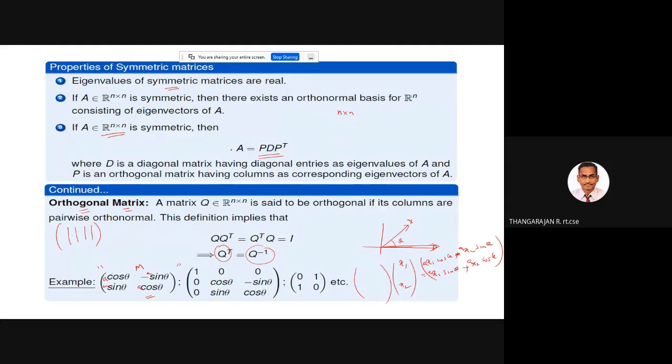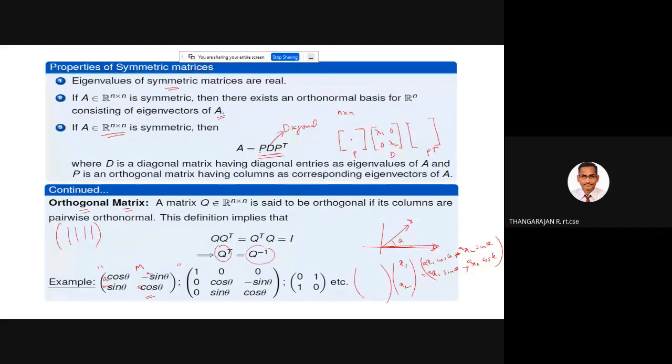So if A is symmetric and real, then A can be written as the product of three matrices P, D, P transpose, where D is a diagonal matrix, and the columns of P are the eigenvectors. So for example, this is P, then you have a diagonal matrix D, which will have lambda 1, lambda 2, and this is P transpose.